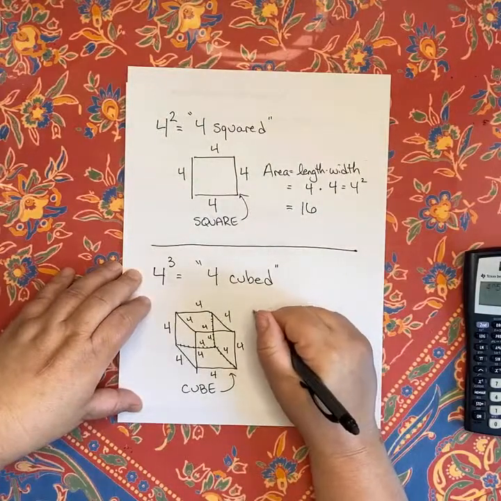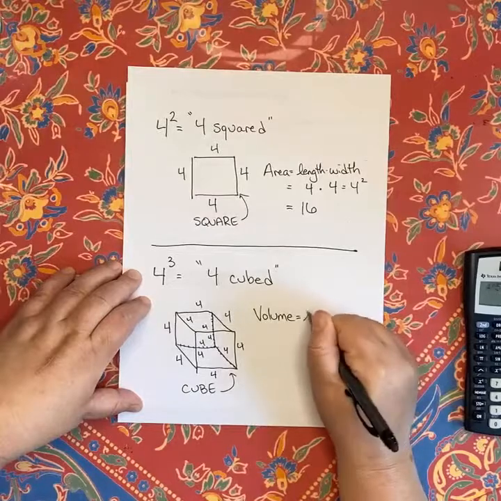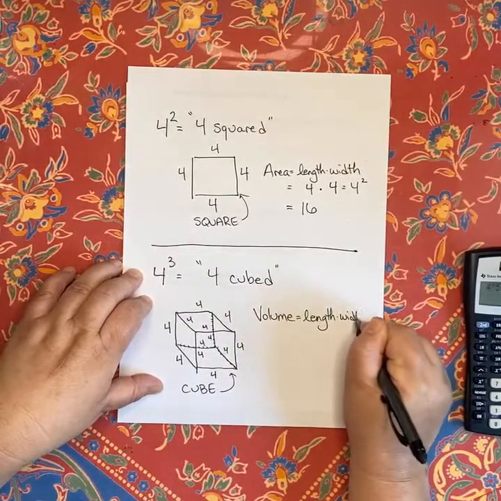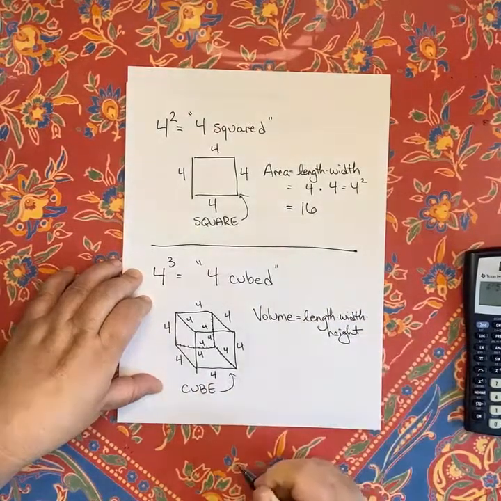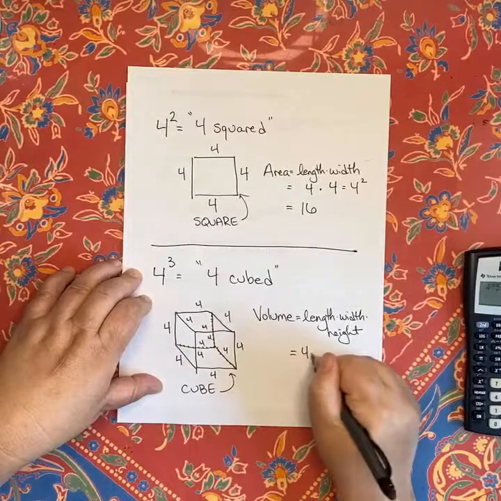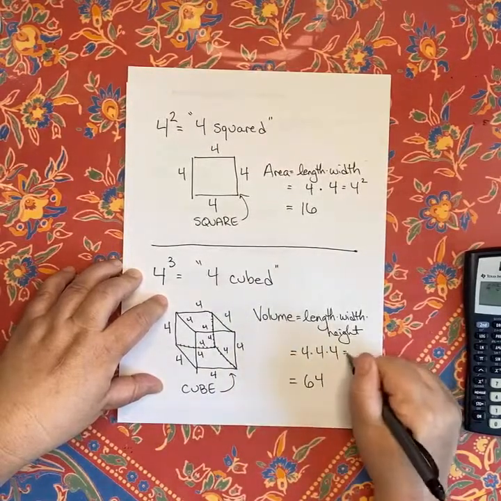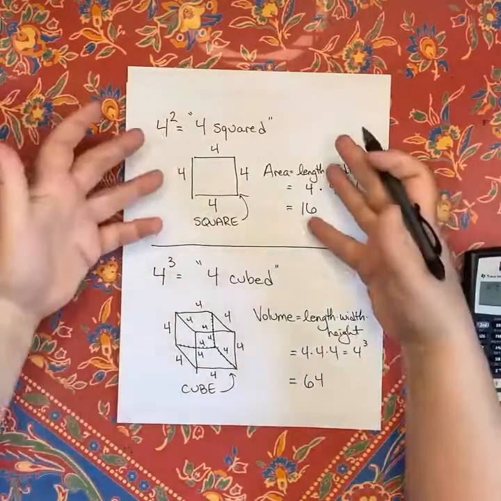And here it's not the area, it's the volume, which is the length times the width times the height. In this case, that would be 4 times 4 times 4, which of course equals 64, but that's 4 cubed. So this is why this is cubed and this is squared.